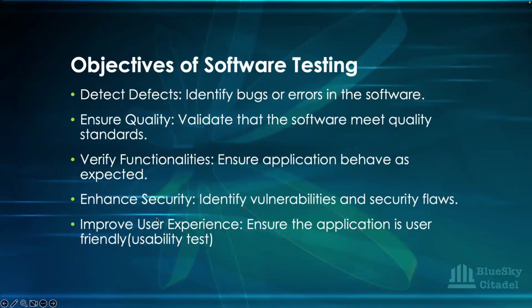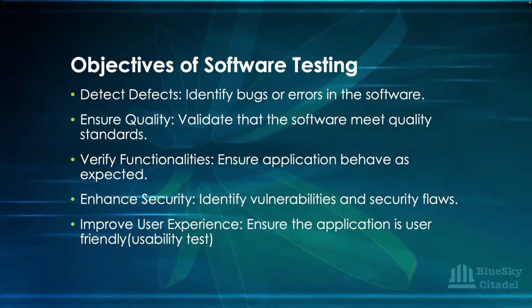So what are the objectives of testing? According to the ISTQB, there are mainly 7 objectives of testing. The first one is to detect defects. As a tester, you should be able to identify bugs or errors in software.